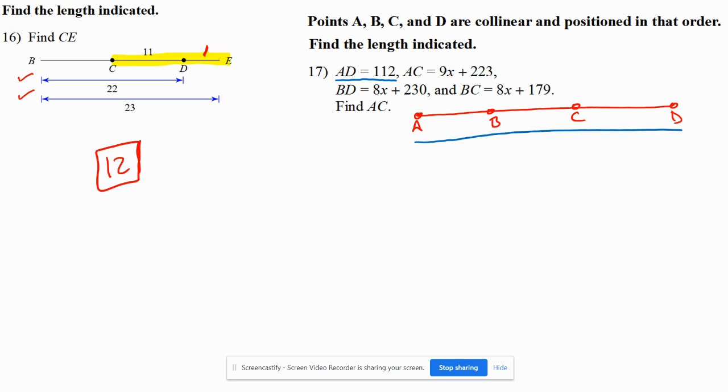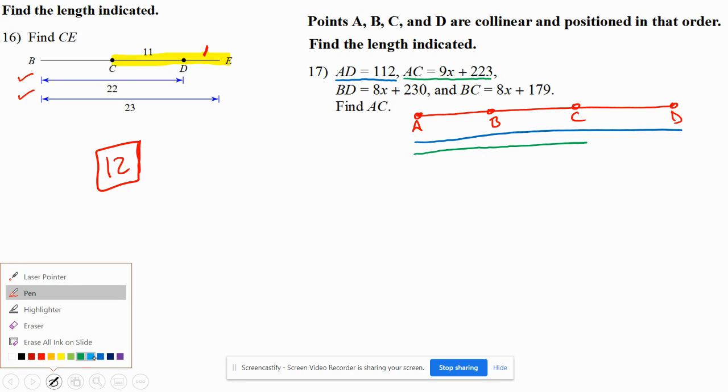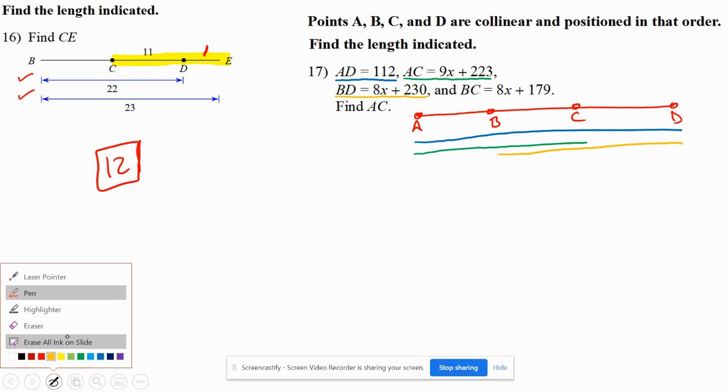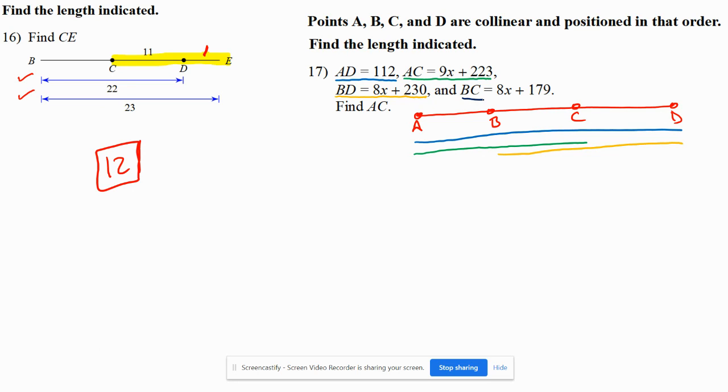The whole segment AD is 112. I know that AC is 9x plus 223. I know something about BD, and lastly, I know something about the segment BC.